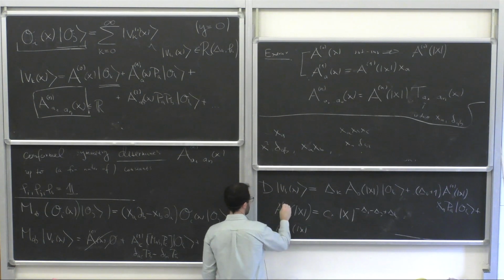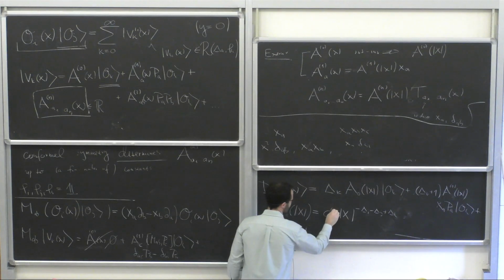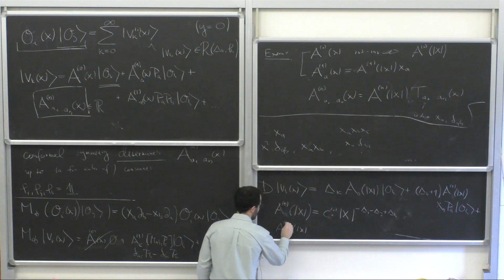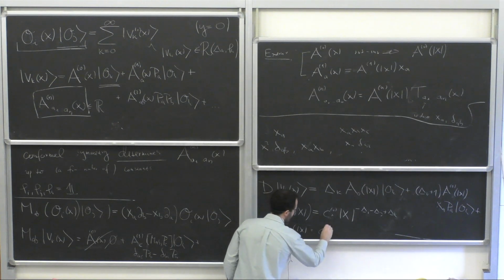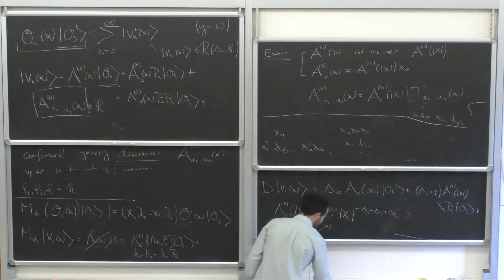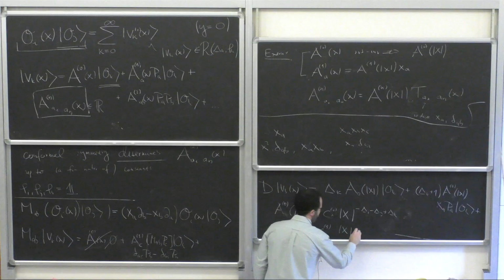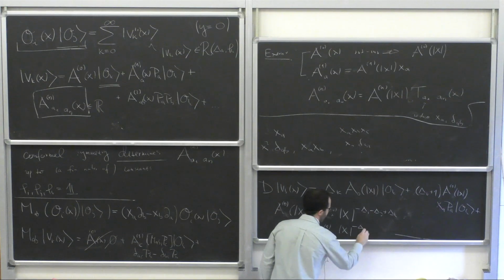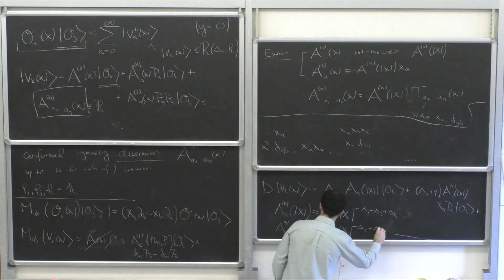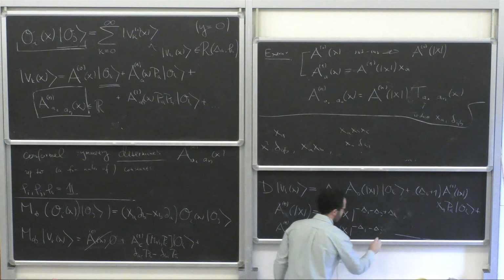I'm not being consistent with my notation. Sorry, C0, A1 is some new constant, in principle C1, times the same factor.